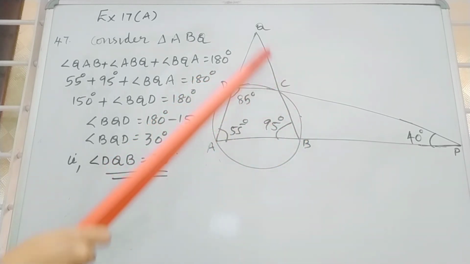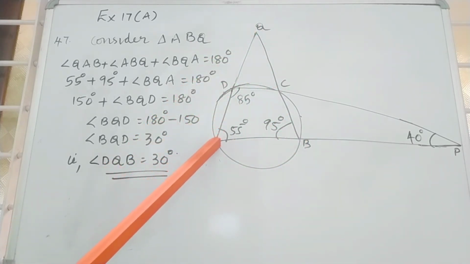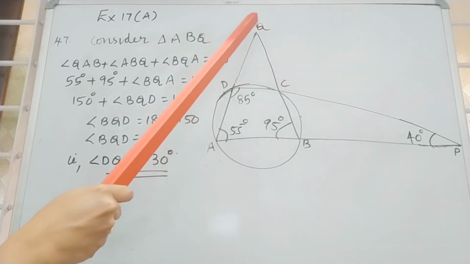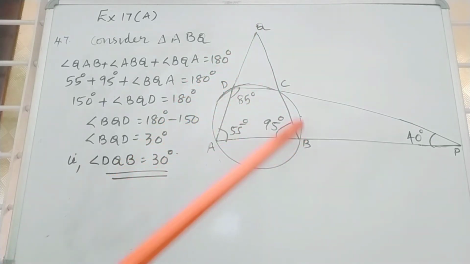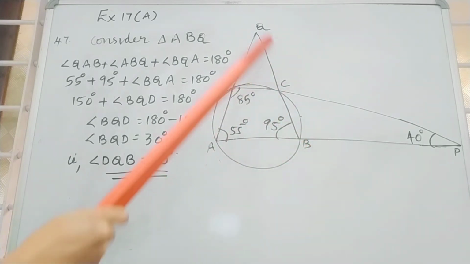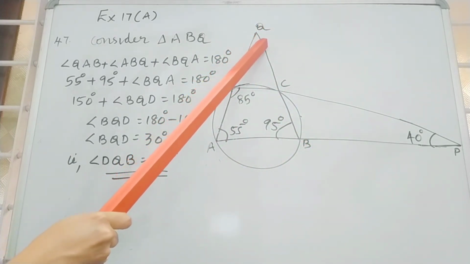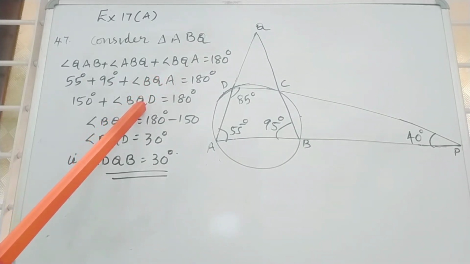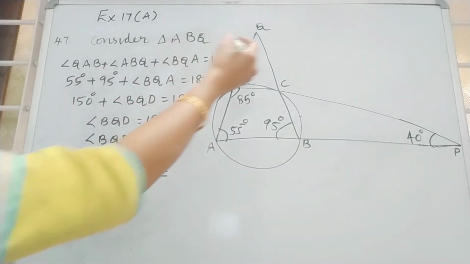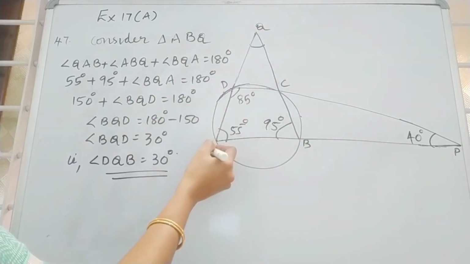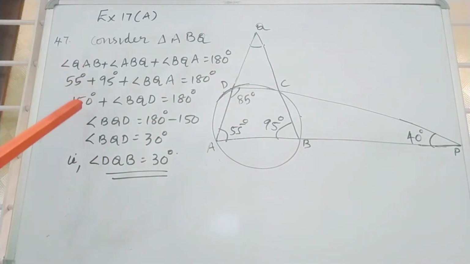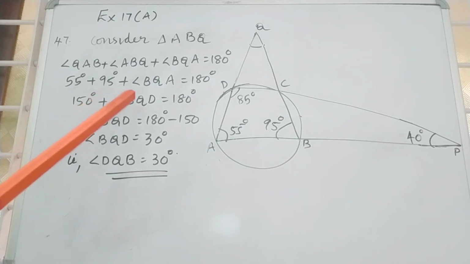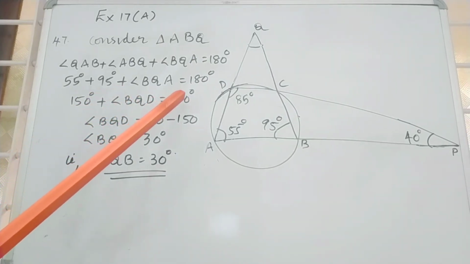Instead of BQA, we can write BQD, since both are the same angle Q. So 55 plus 95 is 150. 150 plus angle BQD is equal to 180 degrees.